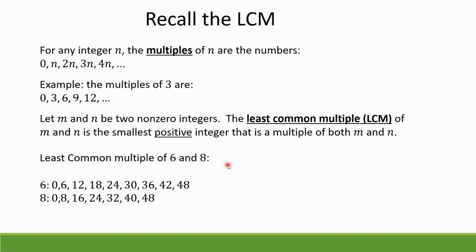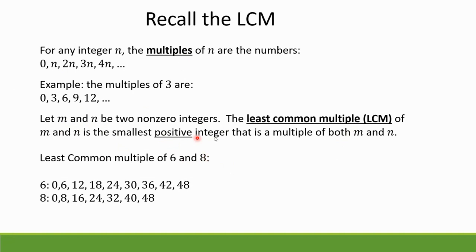And it's really what it sounds like, almost. It's the smallest positive integer that's a multiple of both m and n.